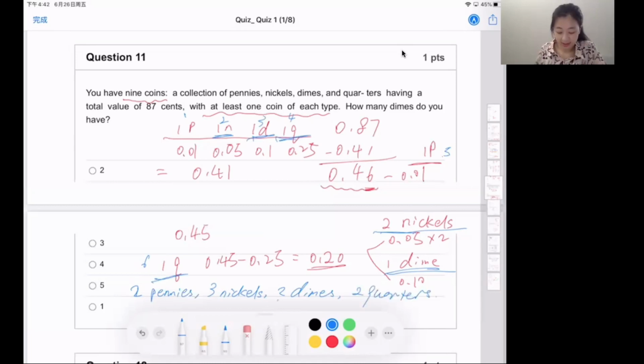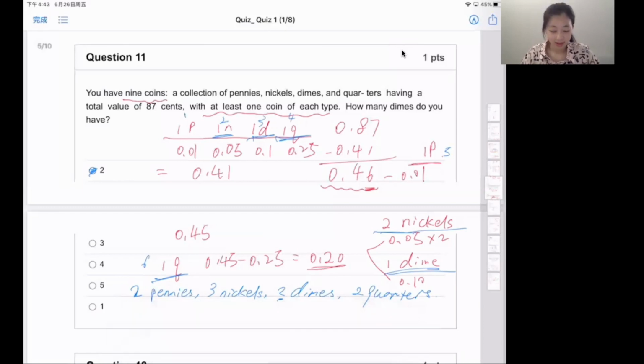So the answer is 2 dimes. Now you can see that together there are 9 coins. You can try other ways to figure out this question, but this is the only way and the only answer that uses 9 coins to collect the 80 cents, and uses each type at least once. Okay. All right.